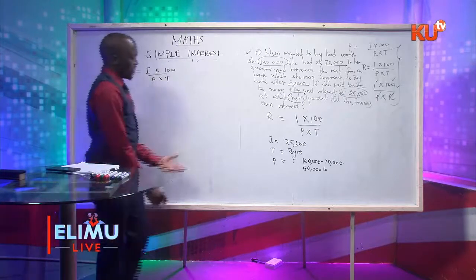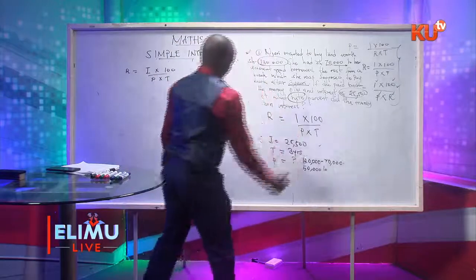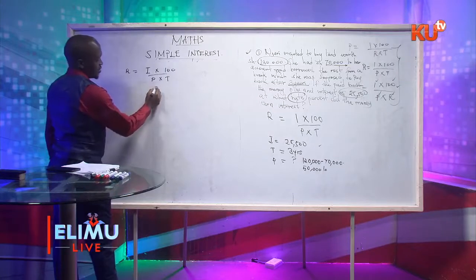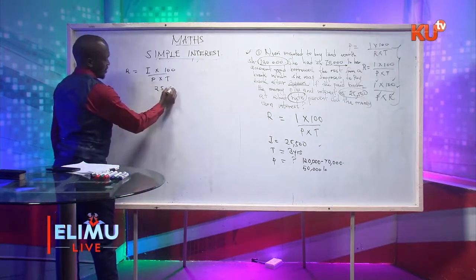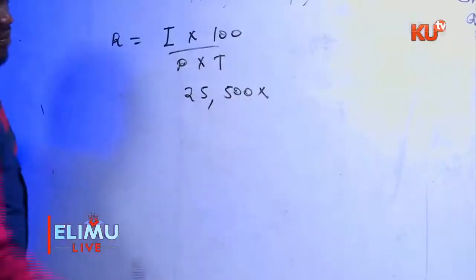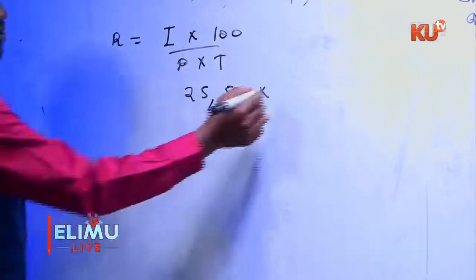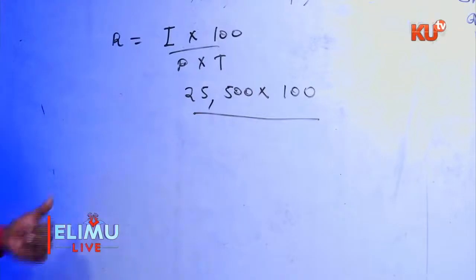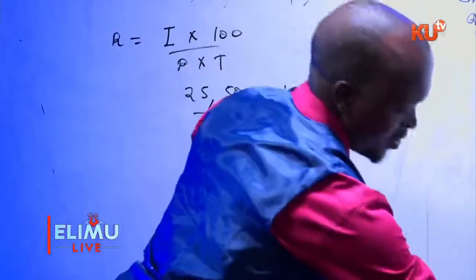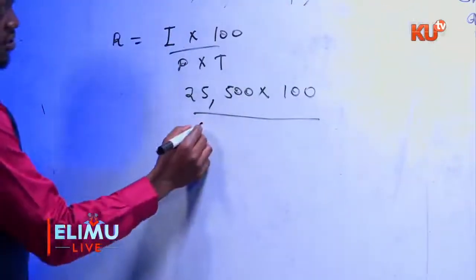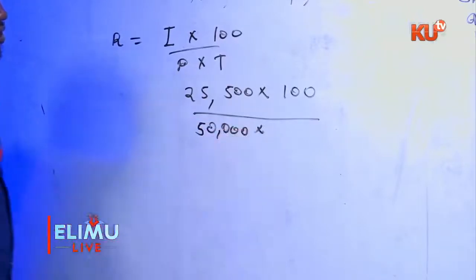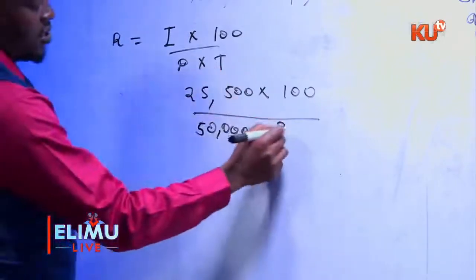And I believe we have identified all of them here. So we shall say interest. The interest there is 25,500 times 100 over principal. And the principal we found to be 50,000 times the time. Time here is 3 years.